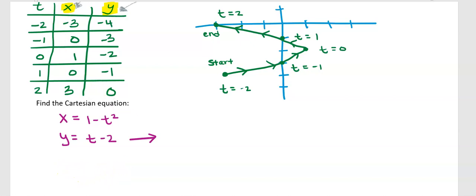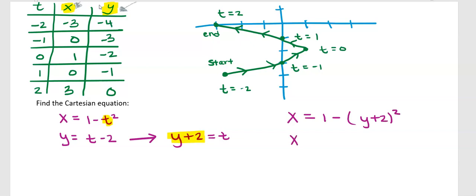Okay, so let's go ahead and solve this second equation for t. That would be y plus 2 is equal to t. And so we're going to use this y plus 2 expression and plug it in for t in my x equation. So here we have x is equal to 1 minus quantity y plus 2 squared.